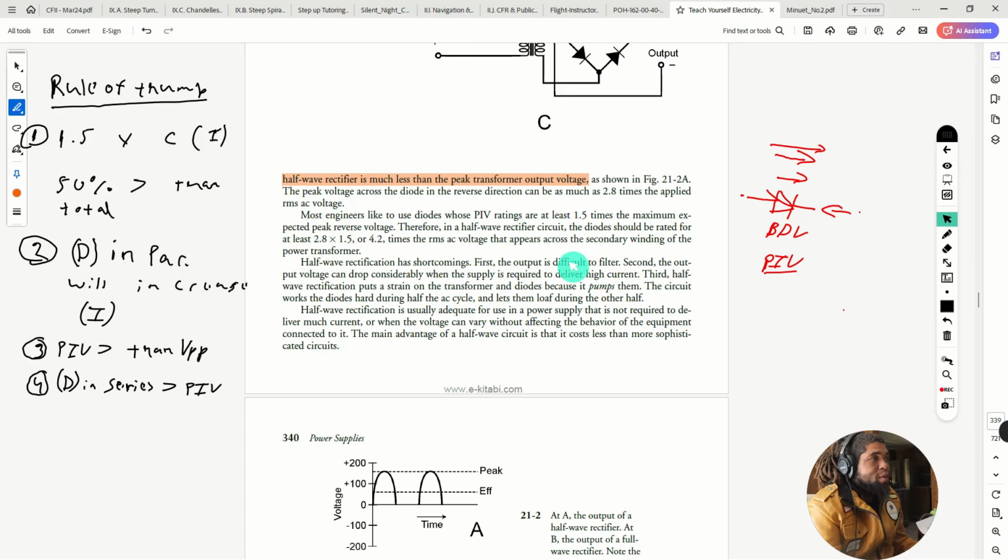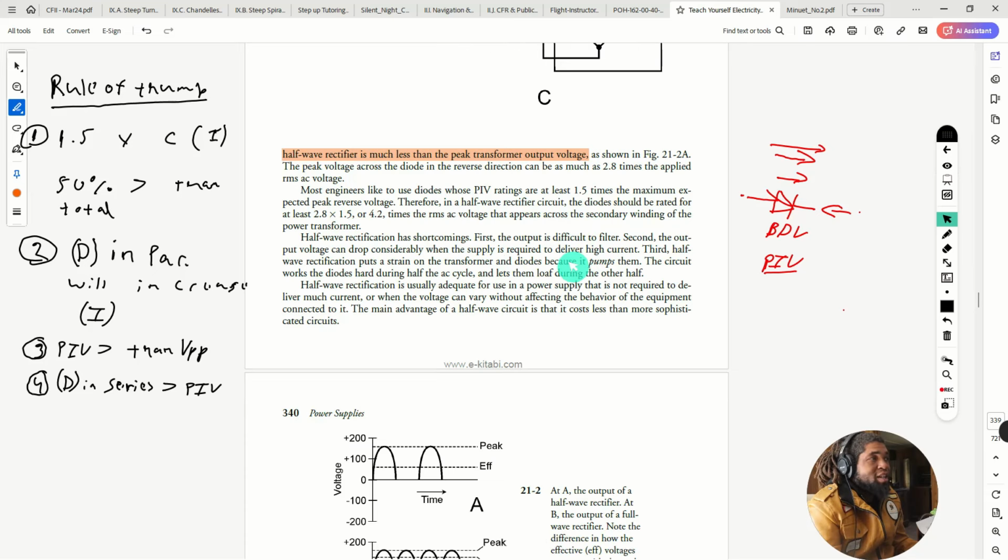Therefore, in the half-wave rectifier circuit, the diodes should be rated for at least 2.8 times 1.5, or 4.2 times the RMS voltage that appears across the secondary winding of the power transformer. Another good rule of thumb.